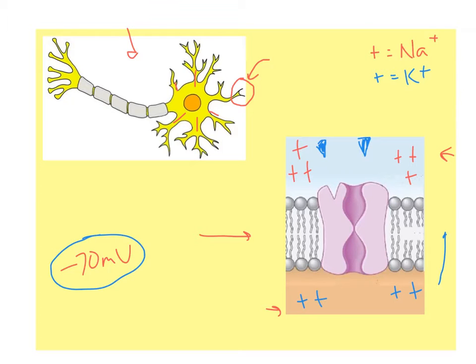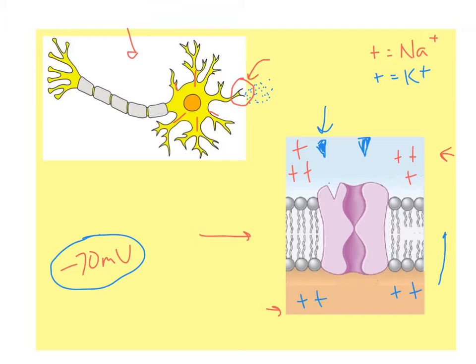But now we're going to say an adjacent or nearby neuron has released excitatory neurotransmitters into the space between the two neurons called the synapse. Well, here they are. That's the up-close look of the neurotransmitter.